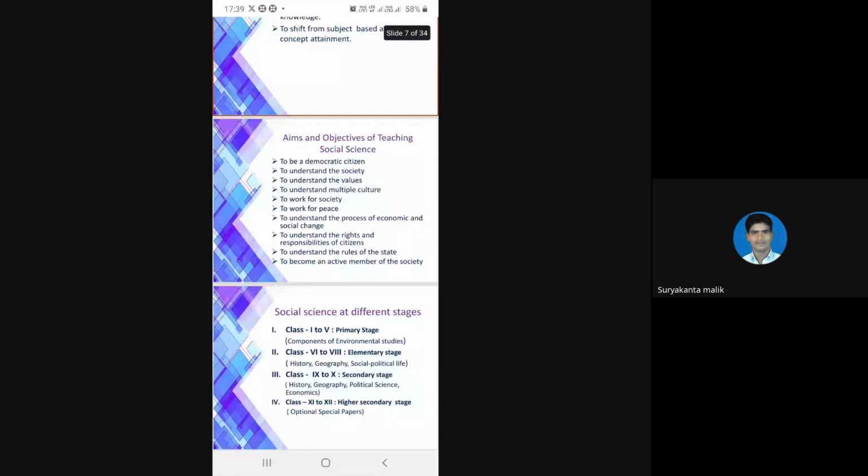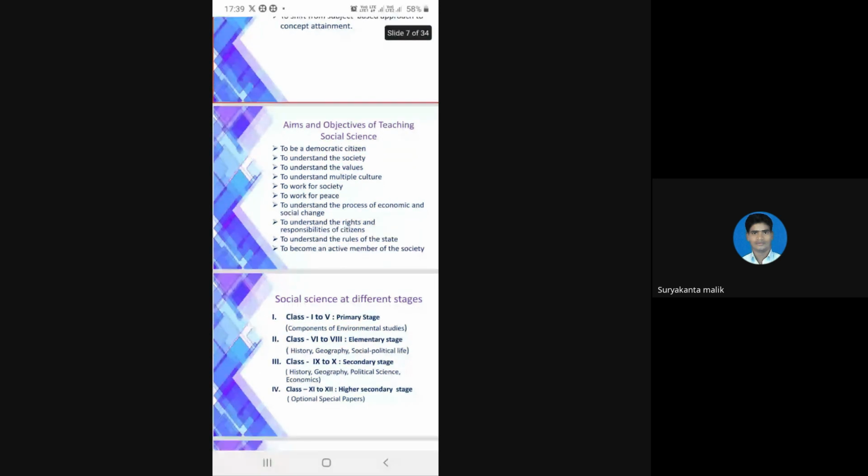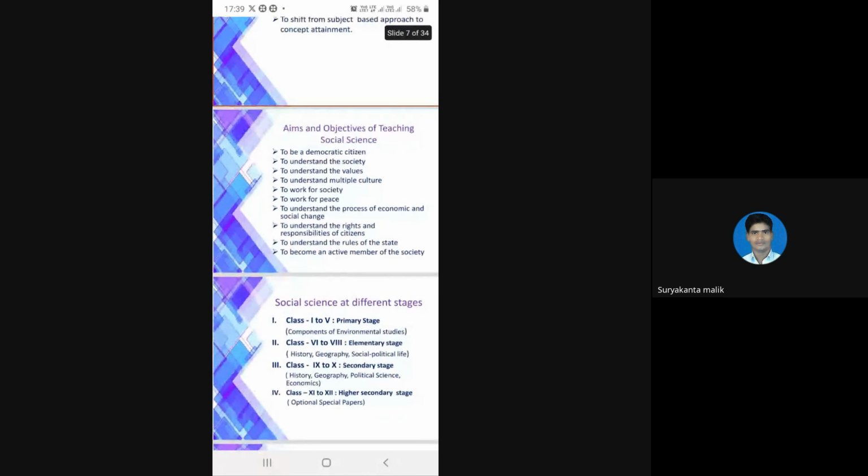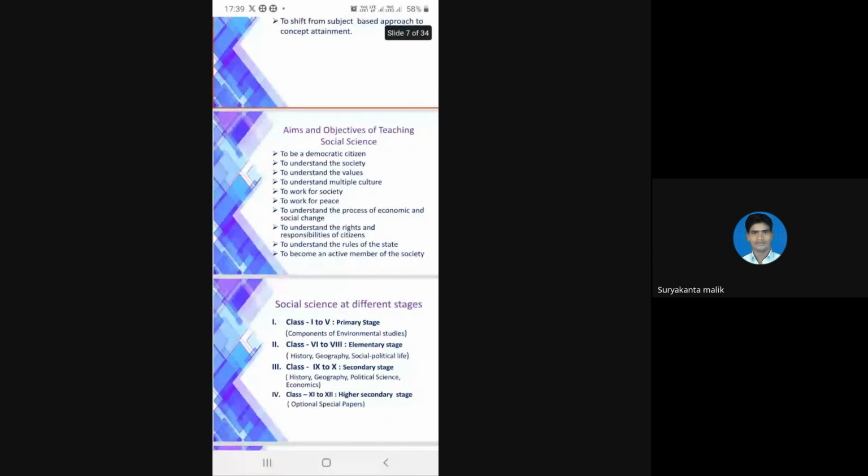And how social science is there in the different stages of our education system, I have mentioned in this slide. As we know, from class 1 to 5, at the primary stage, social science is taught in the name of environmental studies. It means social science mostly covers topics related to our environment.